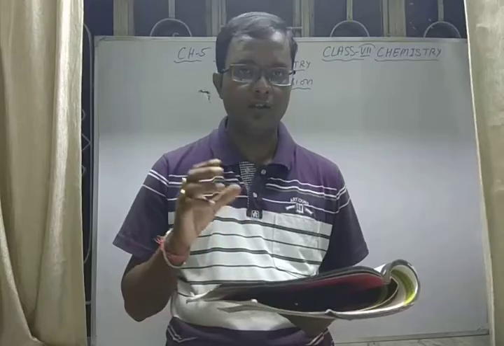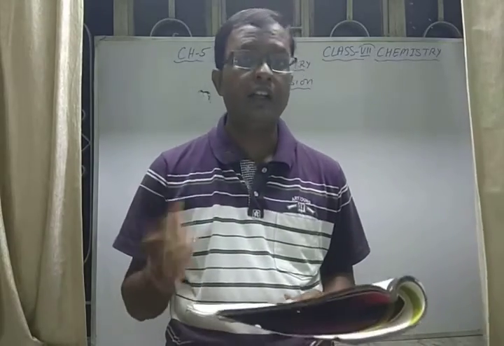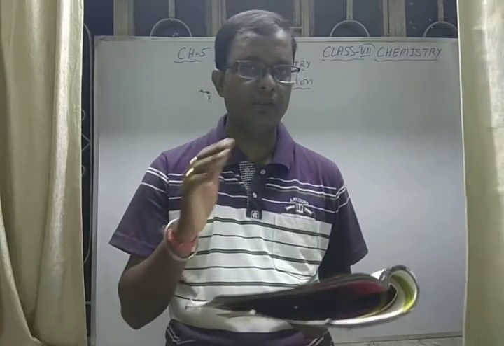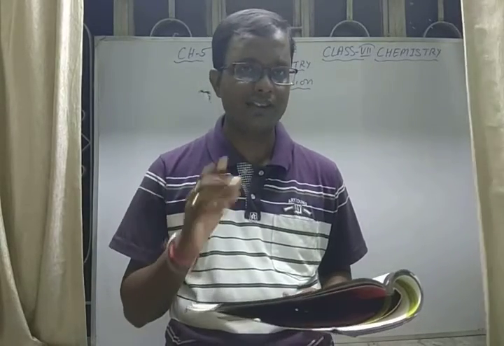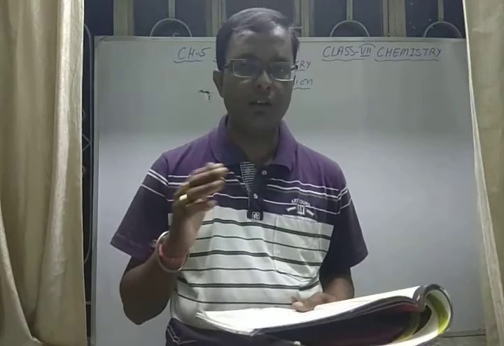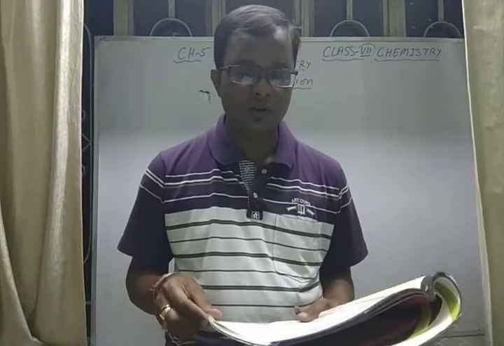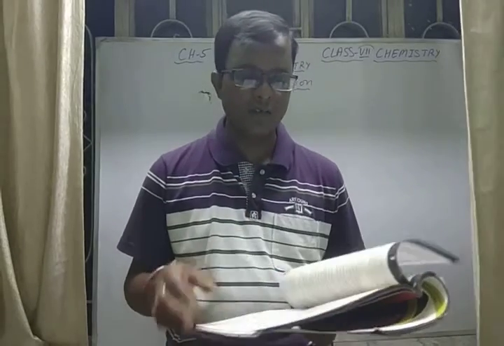A chemical equation has three parts: first is the word equation, then the unbalanced chemical equation with symbols and formulas, that is called the skeletal equation, and after that we need to balance it according to the law of conservation of mass. In this class we don't have to do the balancing, you just have to know that we need to balance the chemical equation.